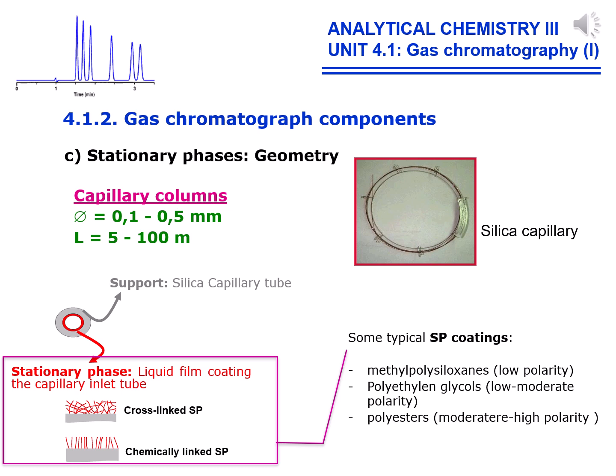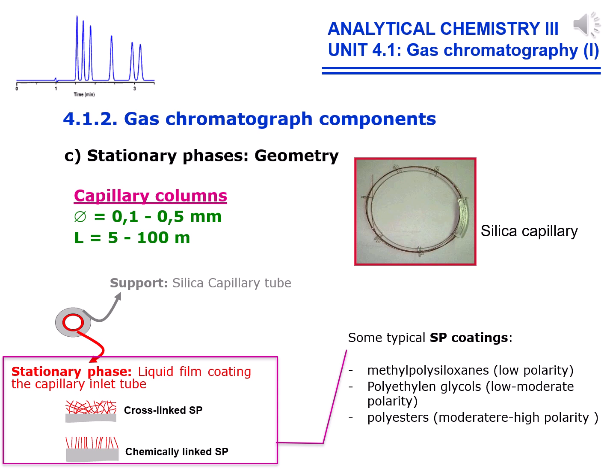Silica is the material mostly employed to prepare the capillary, playing the role of solid support. The stationary phase in these columns is always a liquid deposited into the silica capillary tube. The most currently employed are methyl polysiloxanes with low polarity, polyethylene glycols with low to moderate polarity, or polyesters with moderate to high polarity.